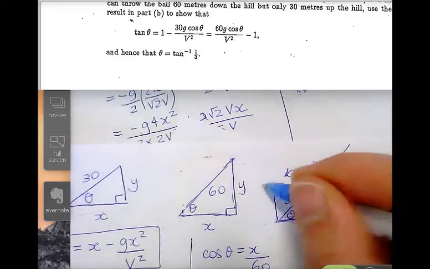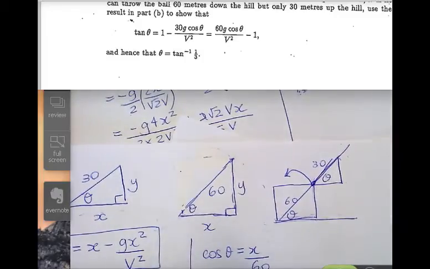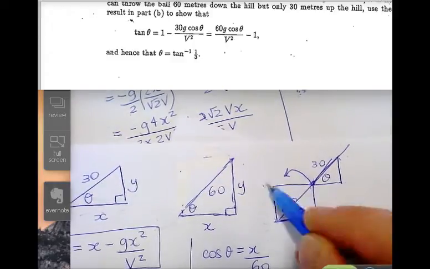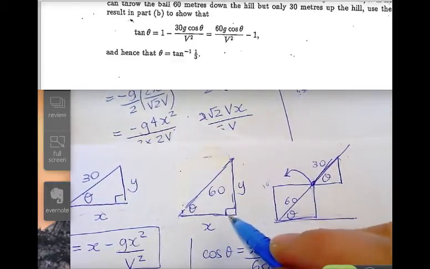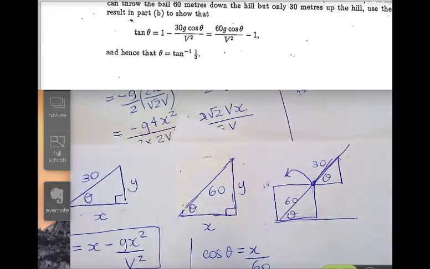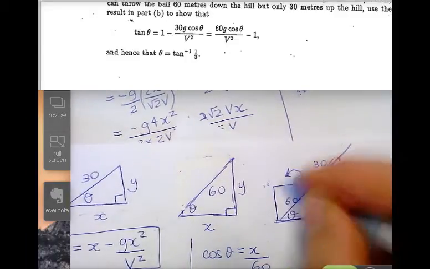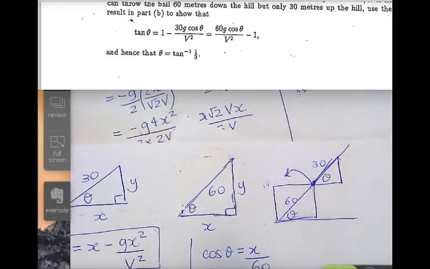It doesn't matter that he's turned around, he's throwing it that way and it's going that way, so x is positive. The displacement's in the same way that the velocity's going. But it is going down, so y is negative.